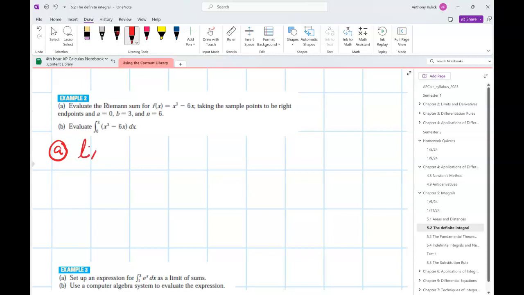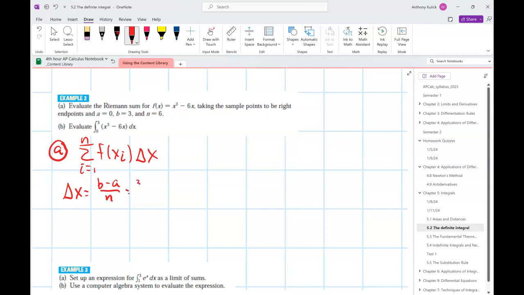So my Riemann sum, again, is going to be the summation, right? So I'm going to calculate the delta x, which is b minus a over n.